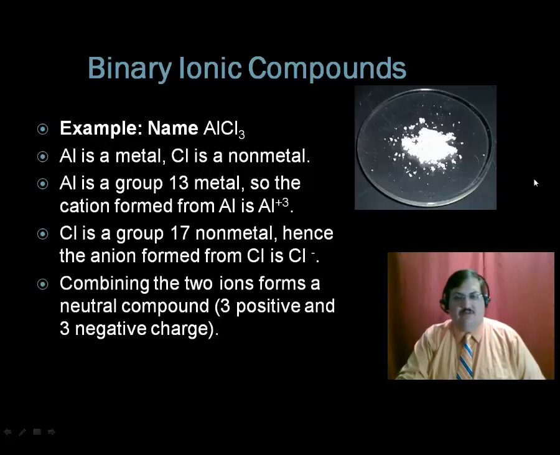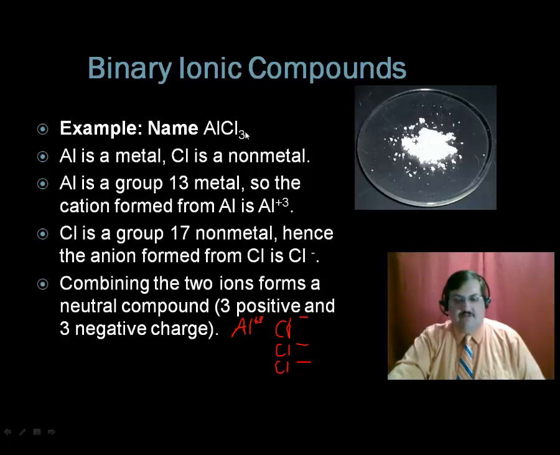Now we need to combine these to make a neutral compound. So we can use 1 aluminum, and that's going to be my +3. I'm going to need a -3 for that to combine with. Each chlorine is just going to be a single minus. So I'm actually going to need 3 chlorines.